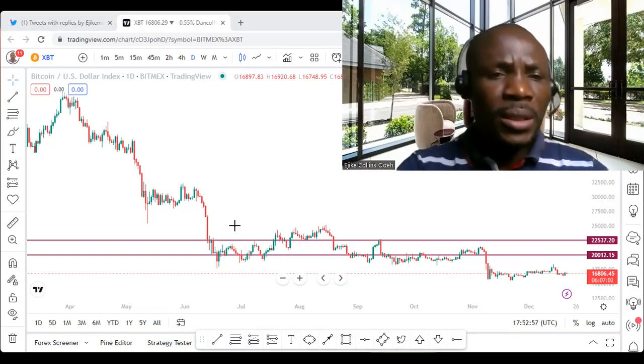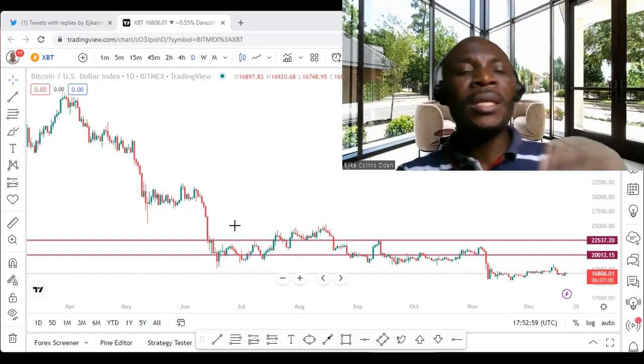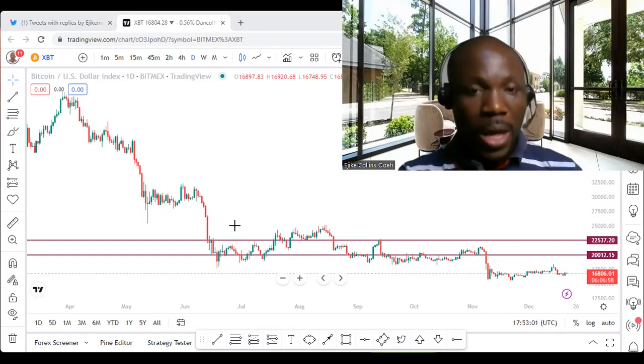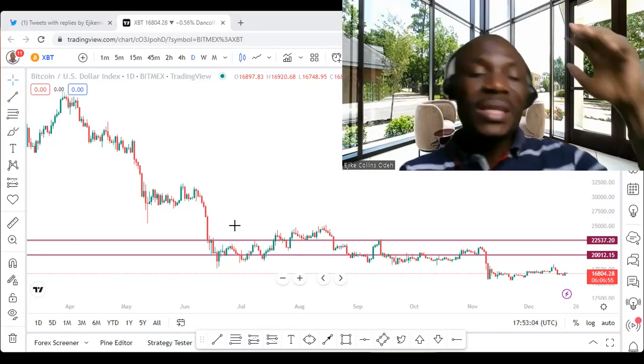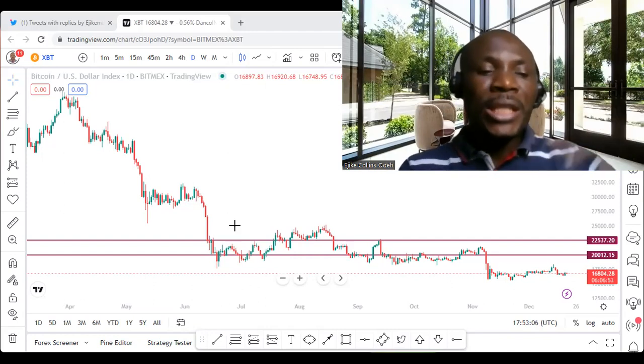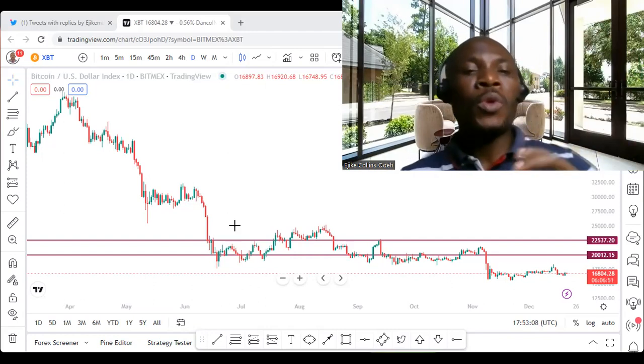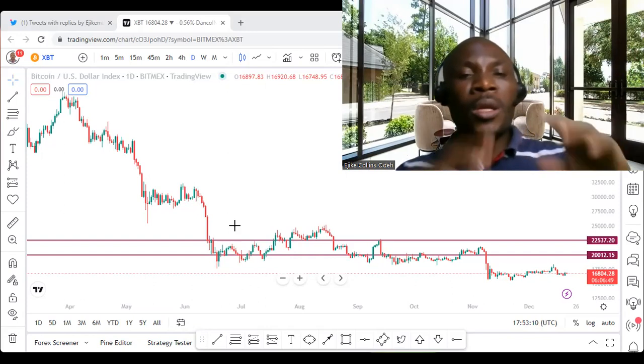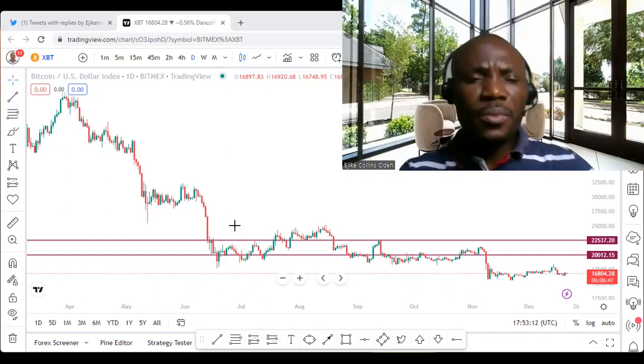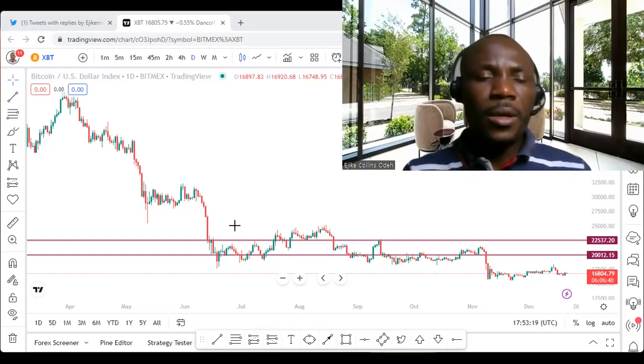Let me take us to the chart so that we can see the price action, and the more advanced part of it, the chart patterns, where we will talk of the double bottom, the head and shoulders, inverse head and shoulders, and the rest.